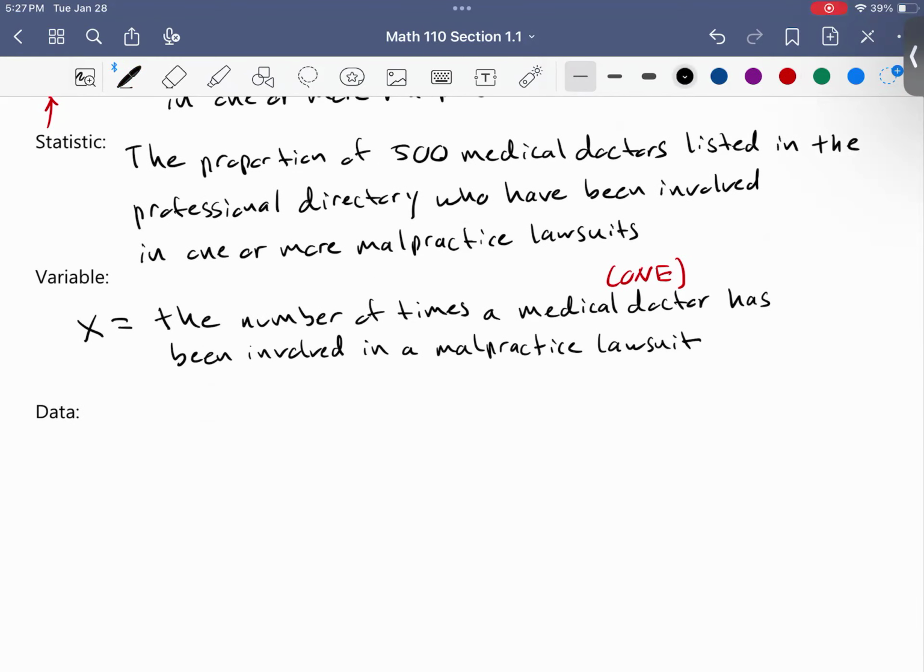It could be maybe they weren't involved in any malpractice lawsuit. Maybe this doctor has been involved in three. Maybe this doctor's been involved in one. Maybe another doctor has been involved in zero. But that would be our data for this type of variable. How many times they have been in a lawsuit.